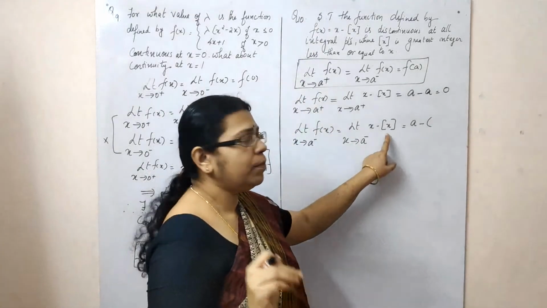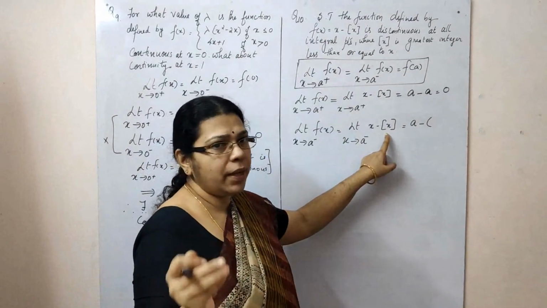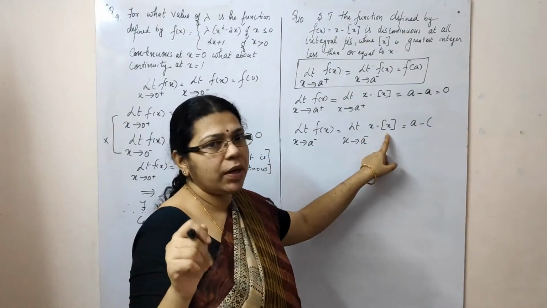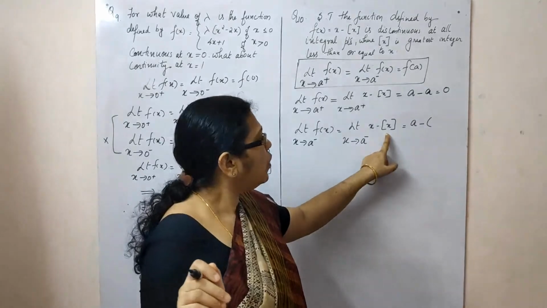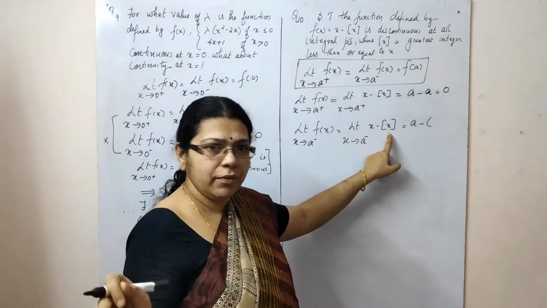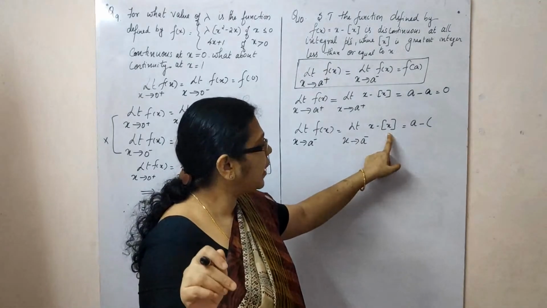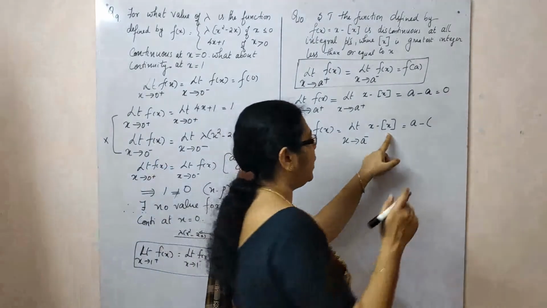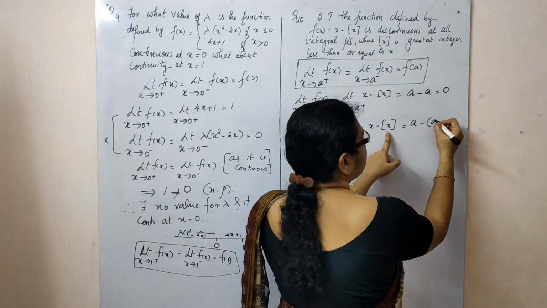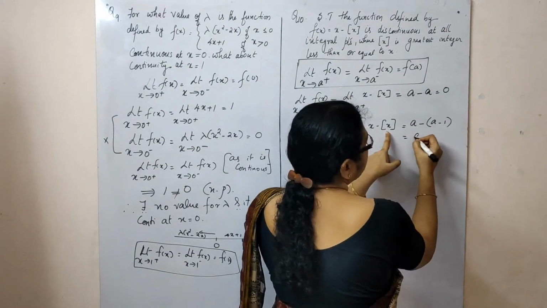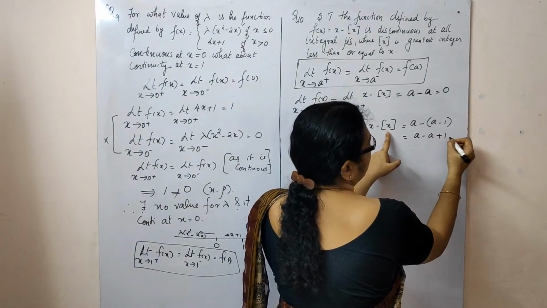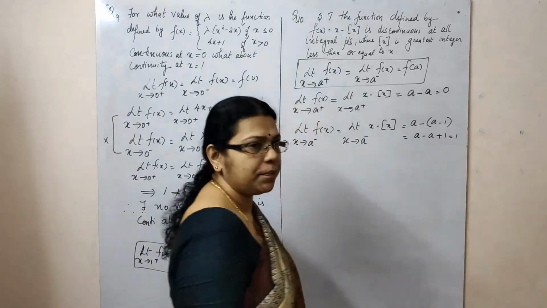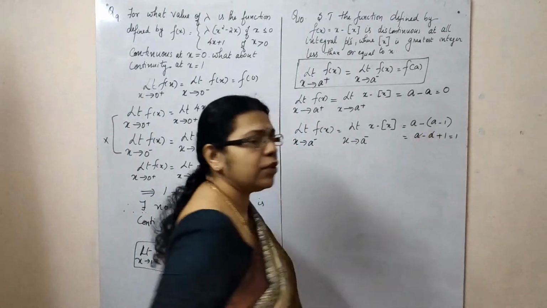That is 2 minus 0.1, which is 1.9. 1.9 means 1 is the smaller integer there. That means 1 reduced, that is a minus 1. That gives you a minus a plus 1, which is equal to 1. A and minus a cancel, so it gives you 1.